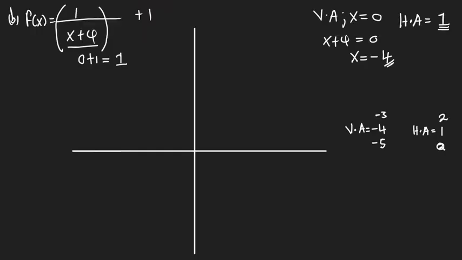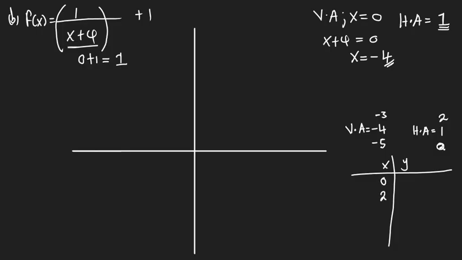Then I'm going to sketch. So I can say x, y. Now, I can get all the values. So I have a 0 there. I have a 2 there.